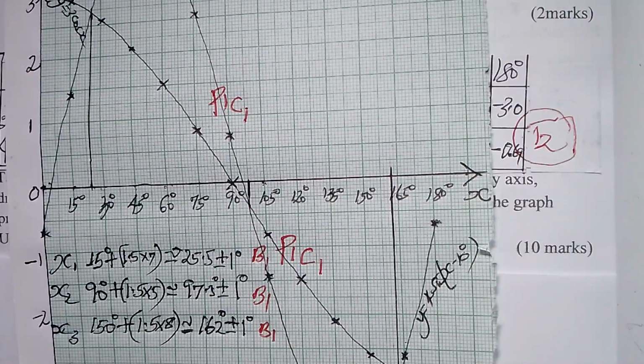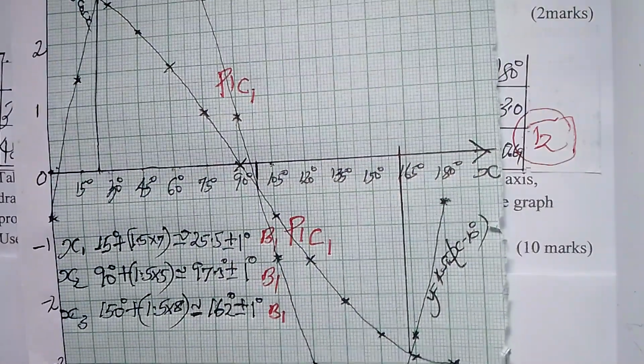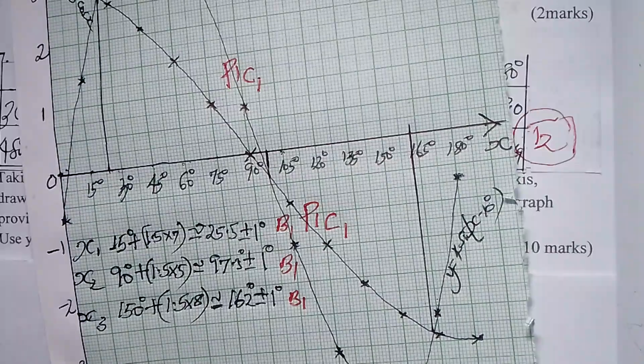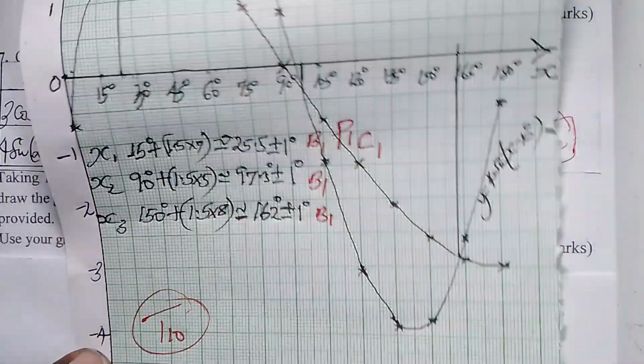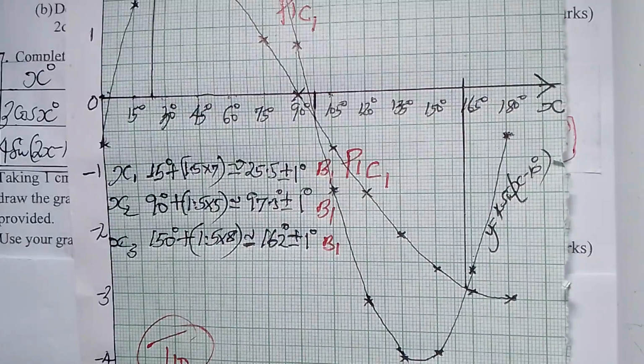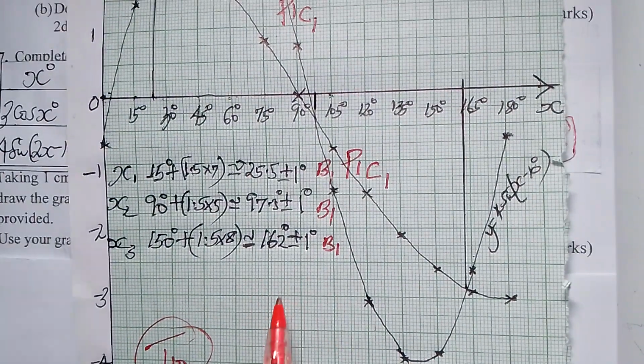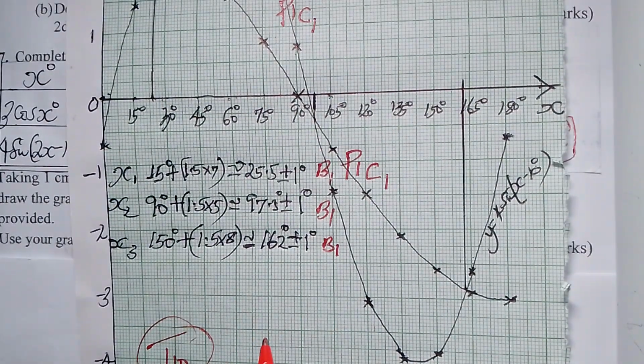So the total marks to be awarded in that type of a question, you will get T10. So that is how the examiner might end up marking such a question.